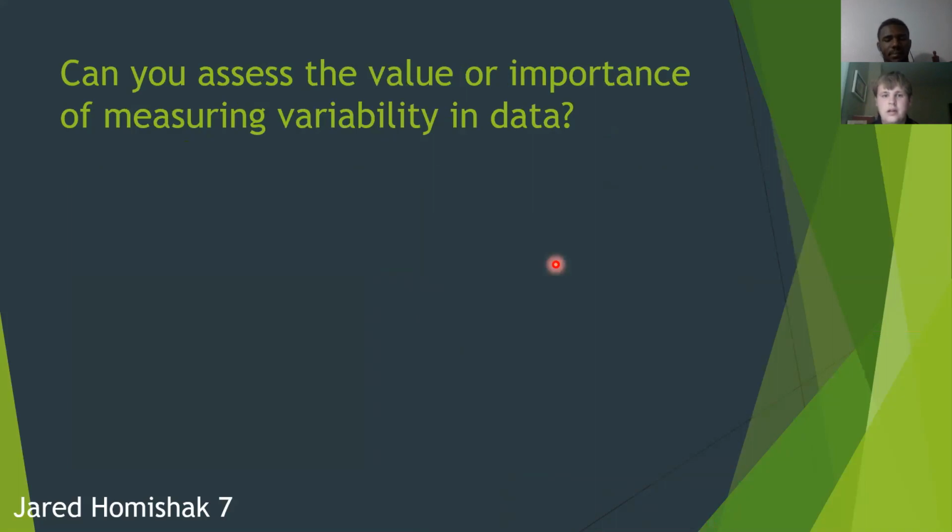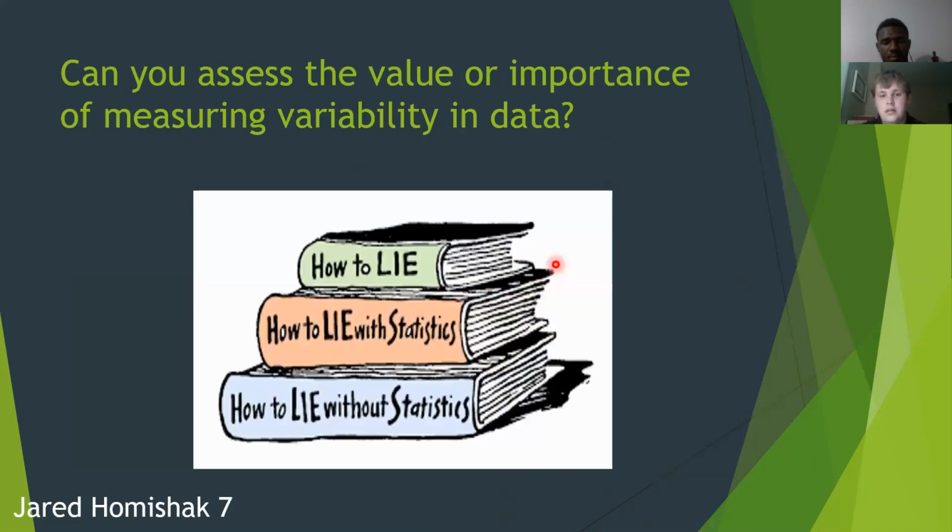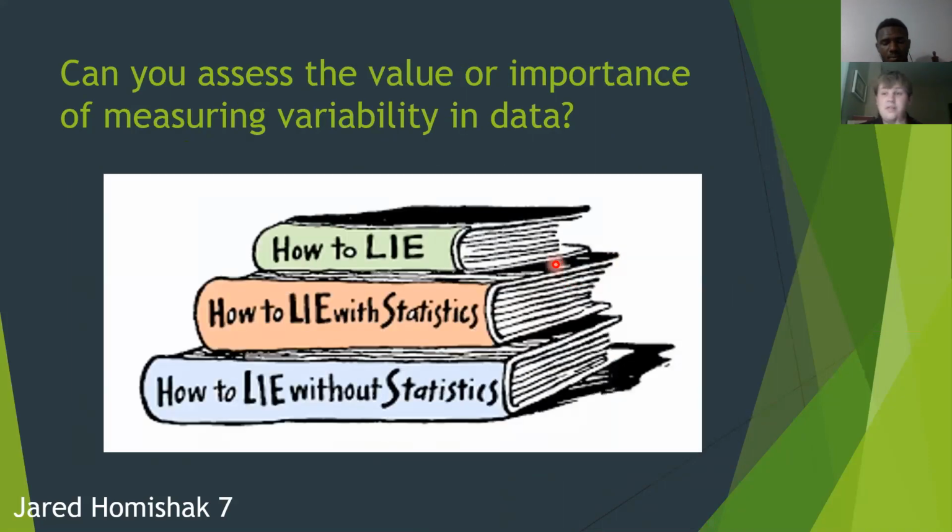Of course. To me, the most important thing about variability in data is that it helps you explain or understand what that data is telling you. If we just take raw numbers and you don't look at the context or see how all the different points relate to each other, then your view of that data can be skewed and manipulated into fake news, and we don't want to spread any more lies.